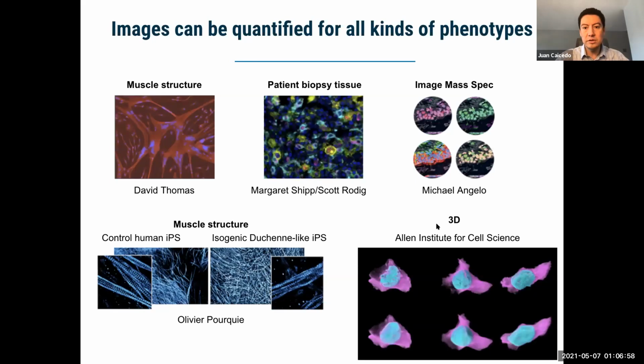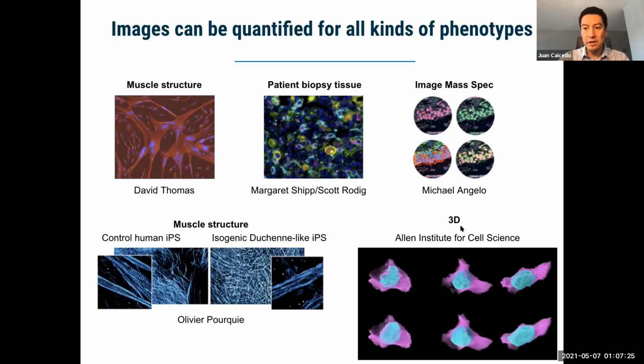So it turns out images, biological images specifically, can be quantified for all types of phenotypes. In this slide, you can see different types of microscopy images which reveal muscle structure, or maybe the biopsy of patient tissue. We can use any type of microscopy technique as well, including image mass spectrometry.